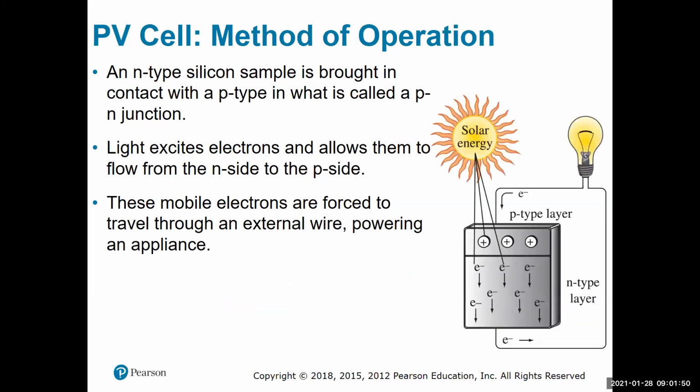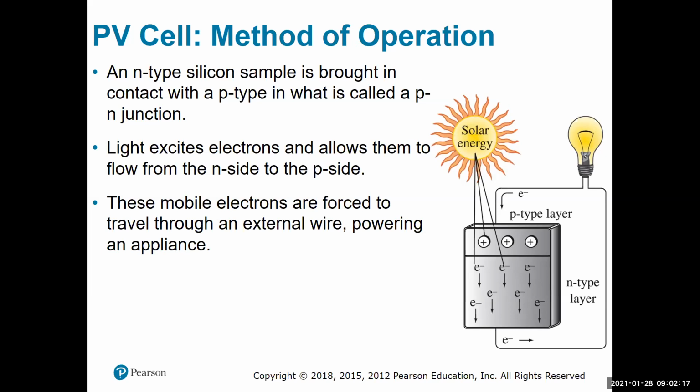Another example is you can have bigger versions of these cells. If you have an N-type silicon sample in contact with a P-type material, that's called a p-n junction. Once again, the light hits it, and that excites electrons, and it causes them to flow from the N side to the P side, right?